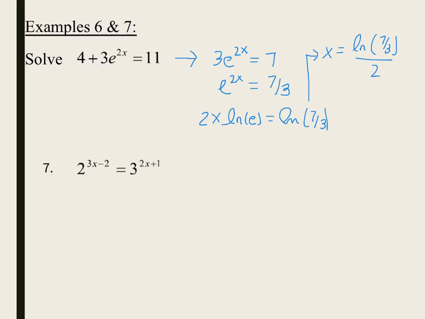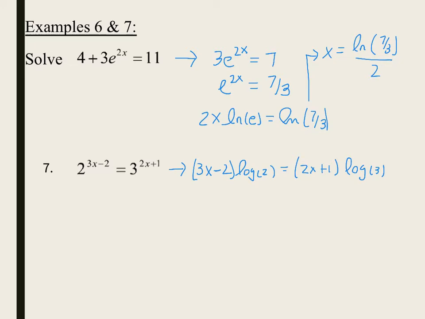So in this case, we can immediately set up (3x minus 2) log 2 is equal to, and this is in parentheses by the way, (2x plus 1) log 3. Now you say, boy, that's going to be difficult, but you're going to distribute the logs through.